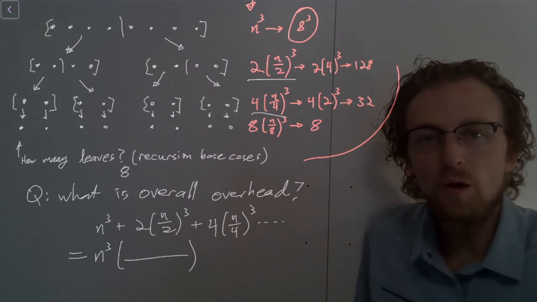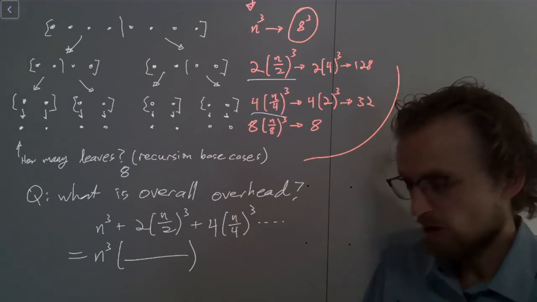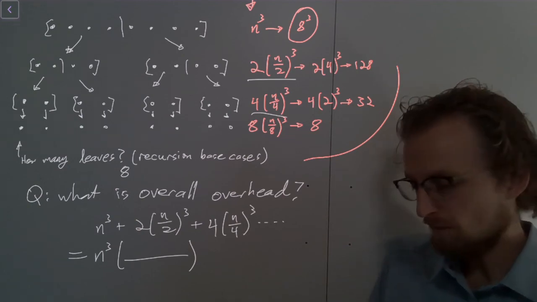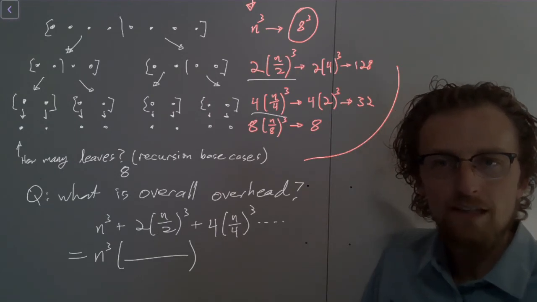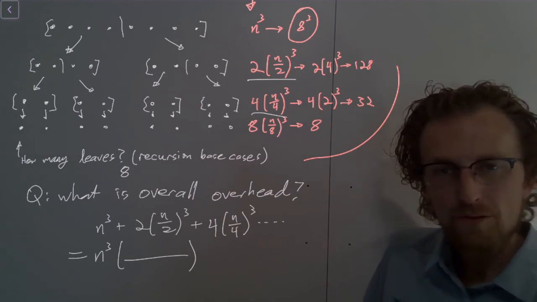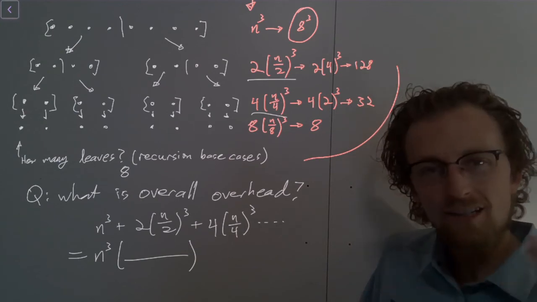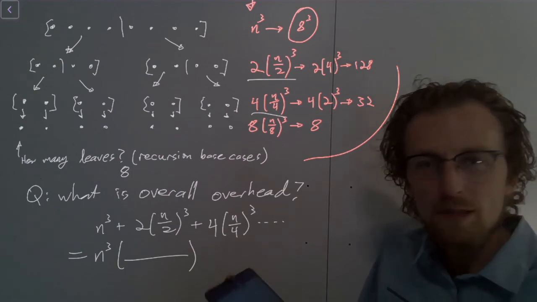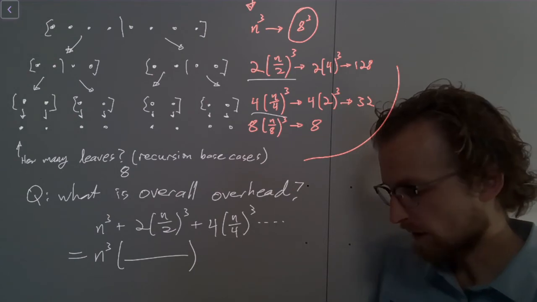Who knows what this something is. It's something that depends on n, certainly. But whatever this thing is, it is a positive number that can't make our n cubed complexity any better. You can see that by the fact that the first time this thing recurses, it costs 8 cubed effort, and there's no way to get that back. No matter how fast the rest of the recursions happen, that 8 cubed is always with us.